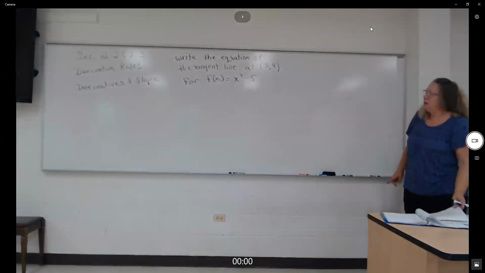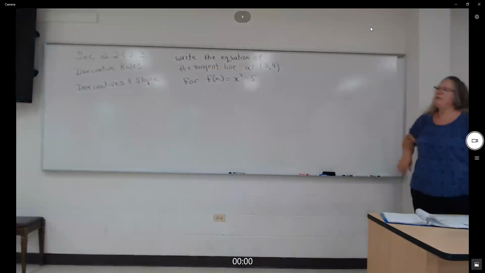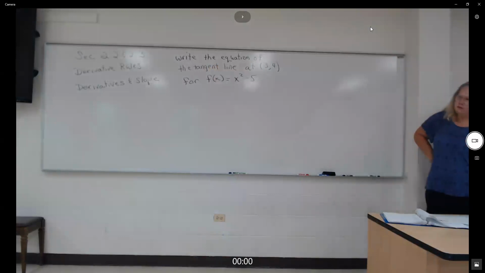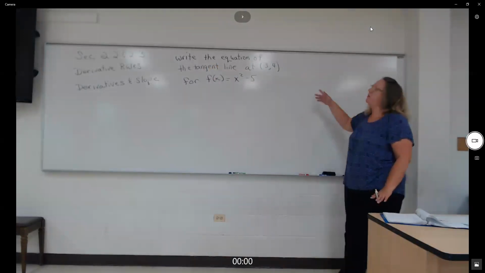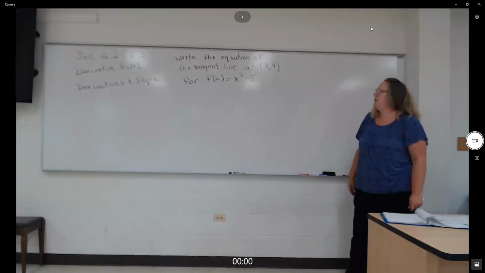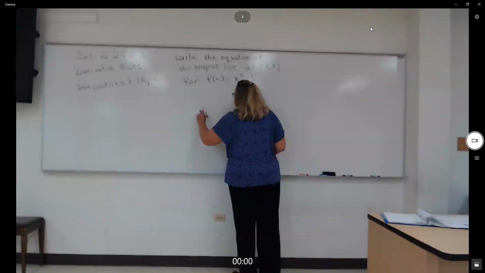We did this problem the very first day using limits. Now we're just going to take a different approach. We don't have to use limits, which is kind of nice. But I want you to realize this is the exact same problem that we did the very first day.